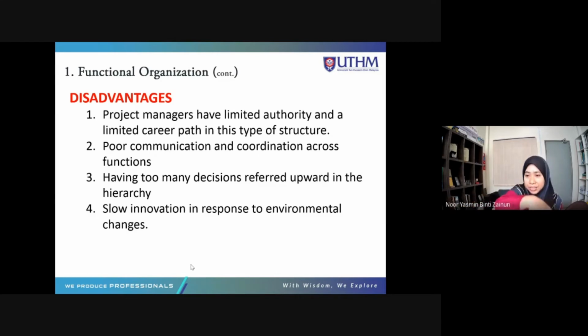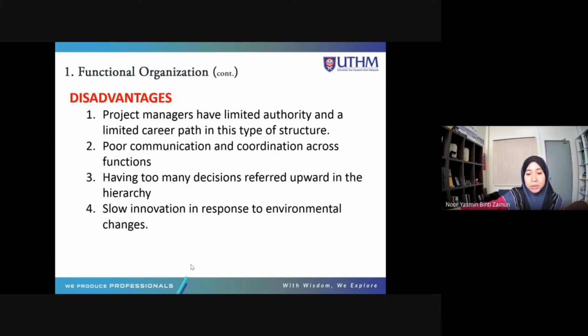Okay, because they have this functional organization. The international office will deal with the immigration, the visa, everything. And then the CGS will deal with the registration of new students. And then the faculty will deal with the programs.